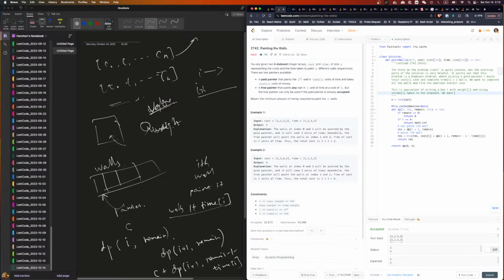We want to fill the entire knapsack and find the minimum weight. Yeah, that's exactly the same. It's exactly the same.